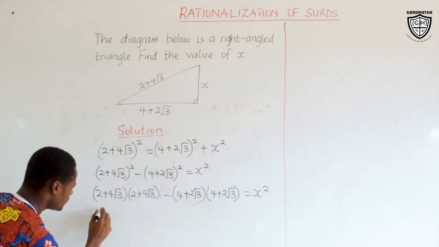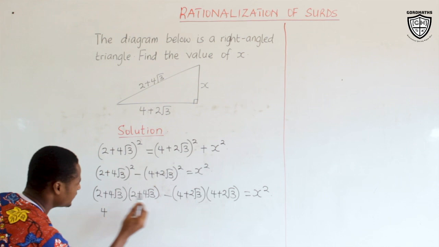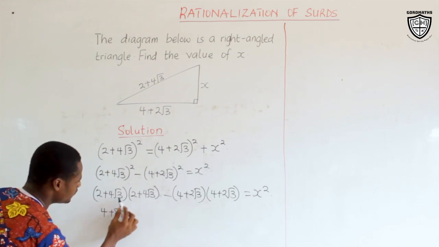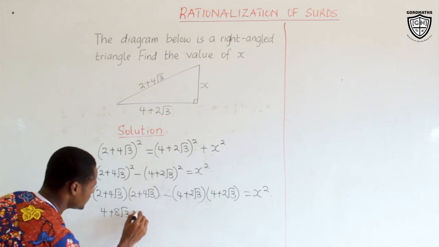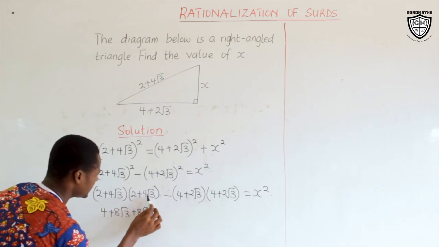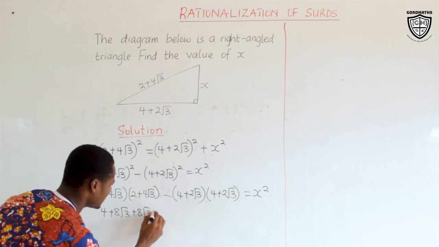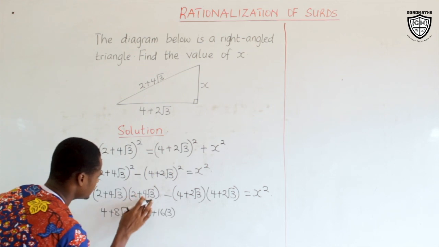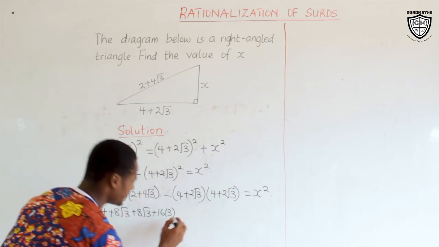2 times 2 is 4. 2 times 4 root 3 gives us 8 root 3. 4 root 3 times 2 also gives 8 root 3. Then 4 root 3 times 4 root 3, that will give us 16 times 3. 4 times 4 is 16, and this is 3.